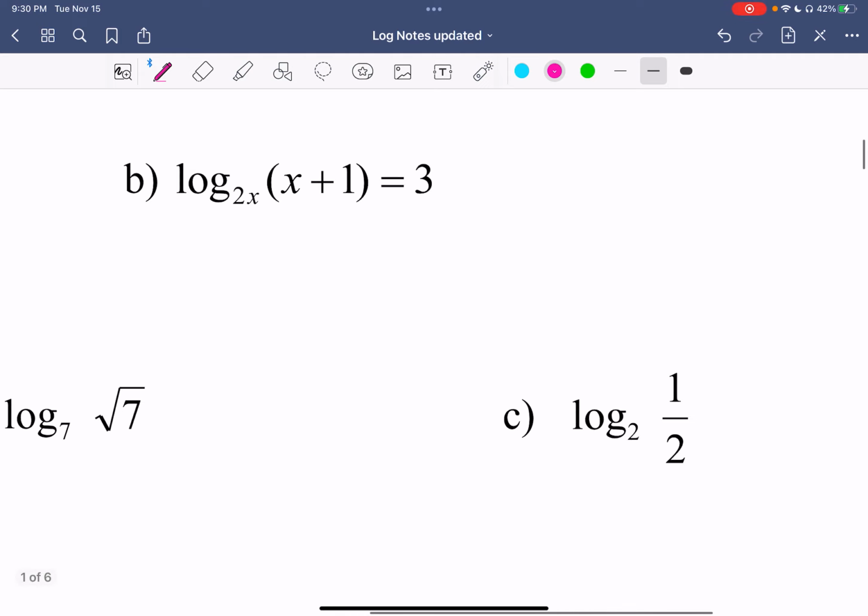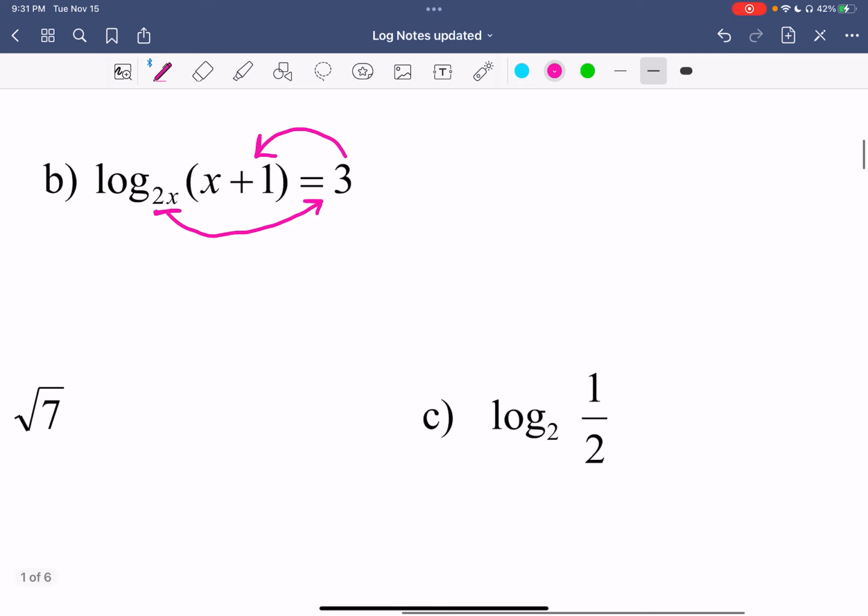The next one, little switcheroo, start with the base, go out, and then back in. Now, with the base, if you have more than one digit or more than one variable, you're going to want to make sure you put that in parentheses. So this will be (2x) cubed is equal to x plus 1.